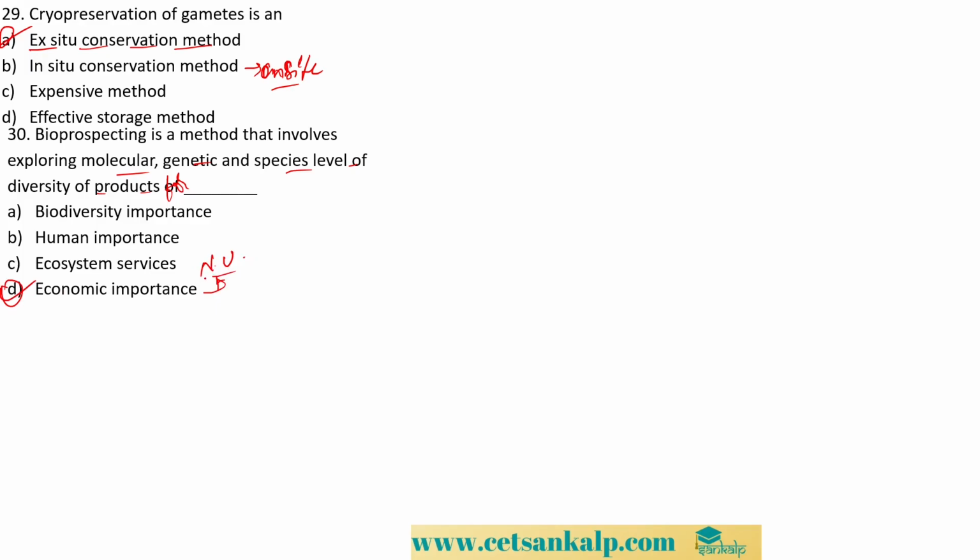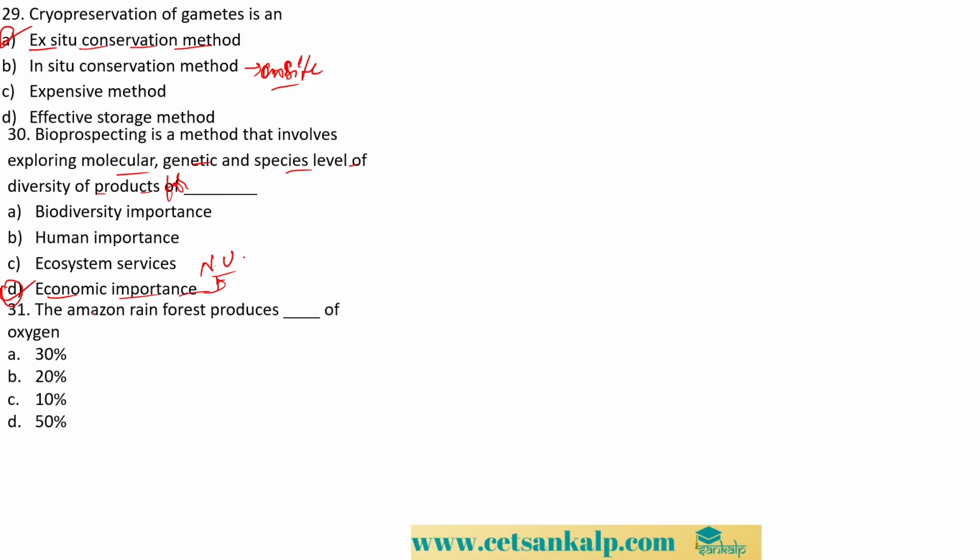Bioprospecting means we are trying to explore the molecular, genetic and species level diversity in our own region or country in order to get some benefits, and these benefits are generally economic benefits, economic importance. Right? So D is our right answer.